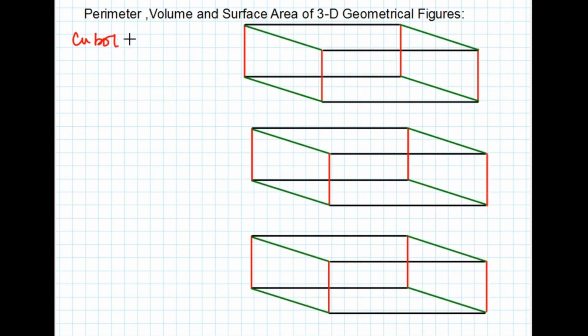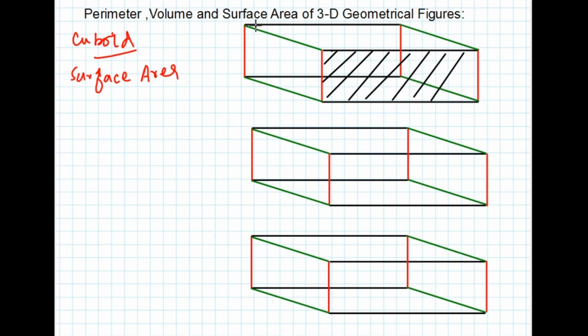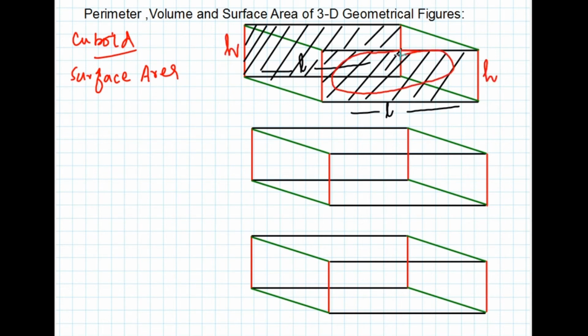Now working about the surface area of cuboid, if we shade the front and back rectangles of cuboid having length is equal to L and height is equal to H as shown.